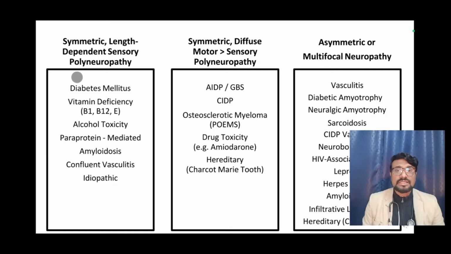With this presentation, the common DDs include diabetes, vitamin deficiencies such as B1, vitamin B12 or vitamin E deficiency, alcohol toxicity, paraproteinemia related neuropathies, amyloidosis, vasculitis or idiopathic. These are the common etiologies that can be seen in the patient.